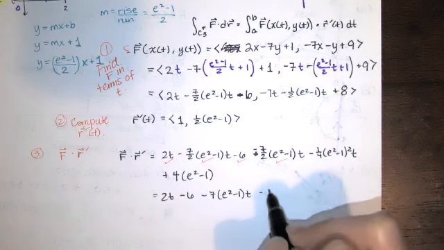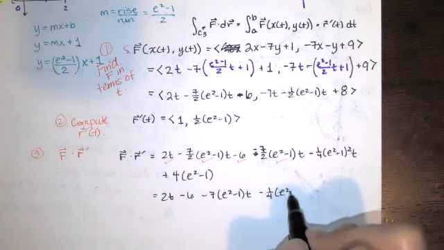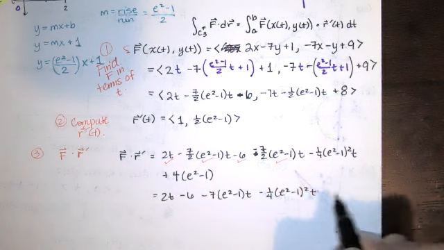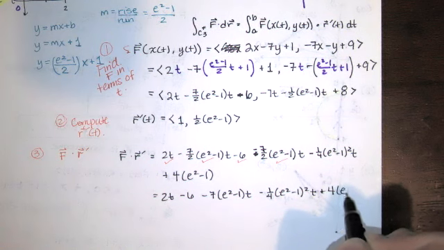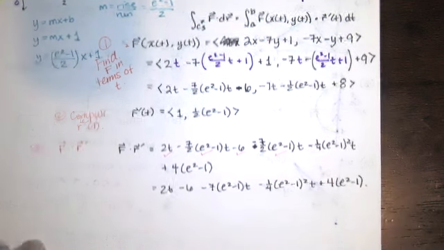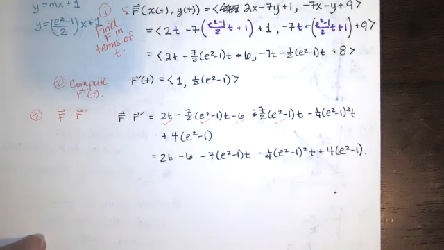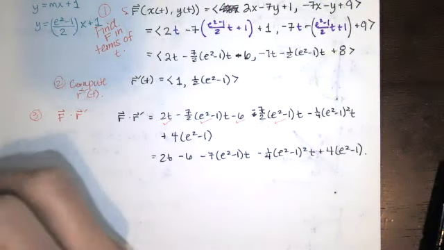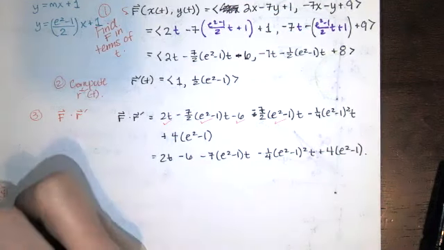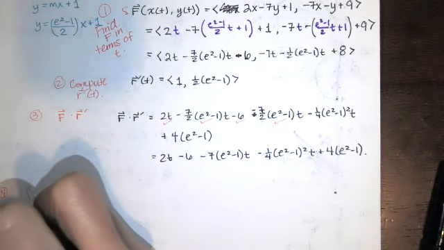And then I've got the minus 1/4 e squared minus 1 quantity squared times t plus the 1/4 e squared minus 1. That's a lot, but it looks more complicated than it is because our variable is t. These e squared minus 1s are just constants. So now we just substitute everything into our formula for the line integral.